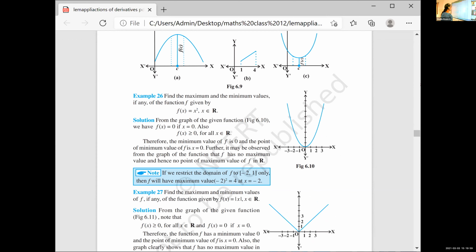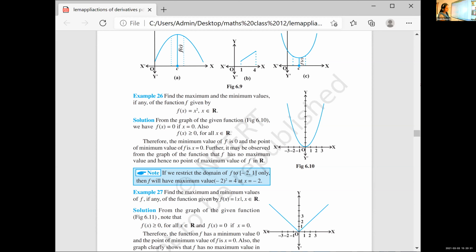Look at this polynomial. Actually this is the function given by f of x is equal to x square. What is the minimum value and maximum value from the graph? When you draw the graph of f of x equal to x square, we get a parabola, a U-shaped curve.